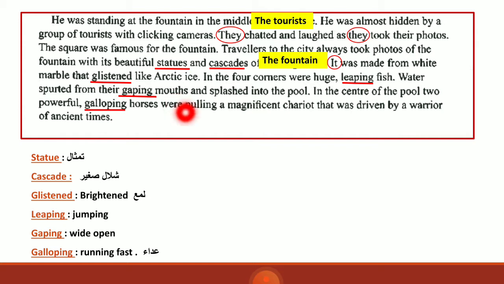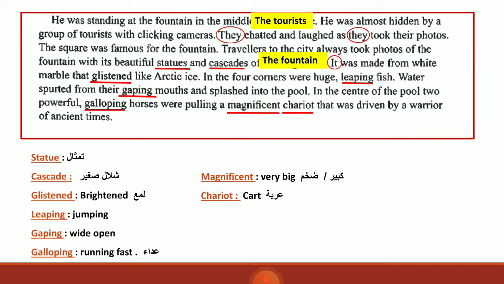They were pulling a magnificent chariot. Magnificent سابع بمعنى very big and chariot بمعنى عربة. فهدول الأحصنة التنين كانوا بيجروا وراءهم عربة كبيرة that was driven by a warrior.